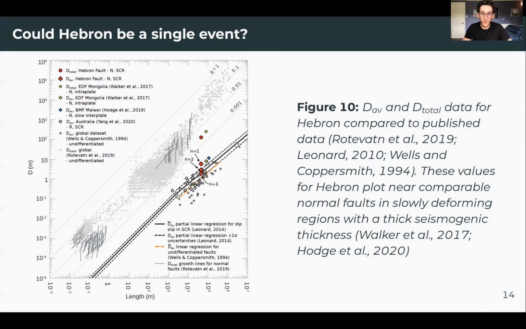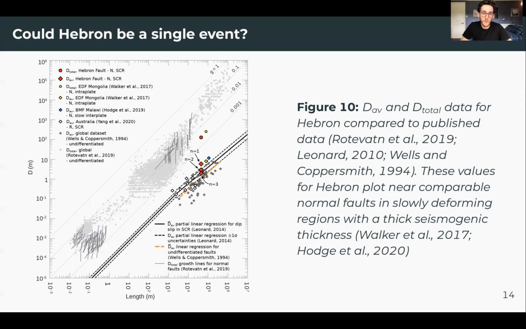calculated for stable continental region earthquakes. The solid line is the regression line, and the dashed lines are 1 sigma uncertainties. This slip to length ratio is very high and is unlike other observed slip to length ratios from around the world.